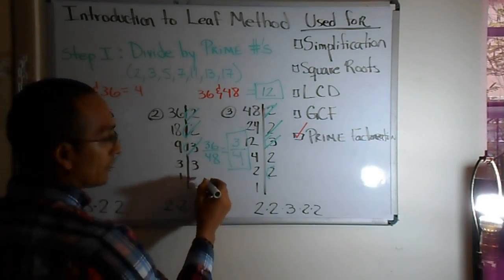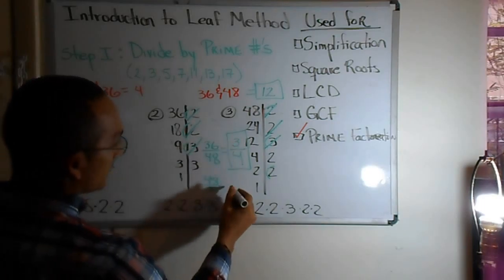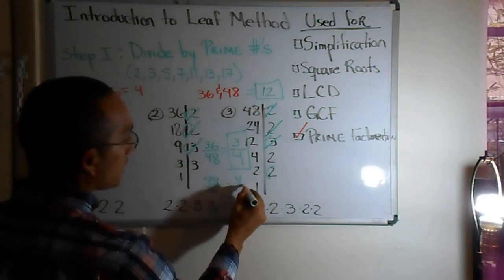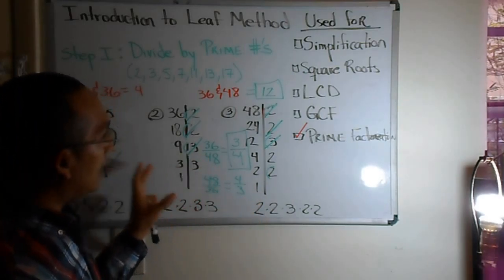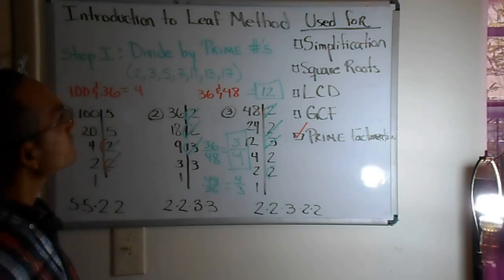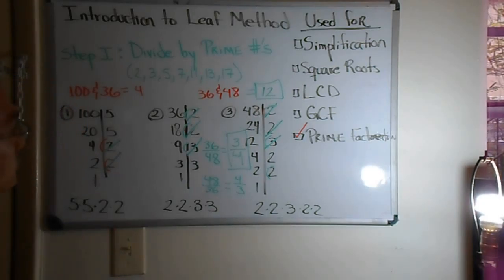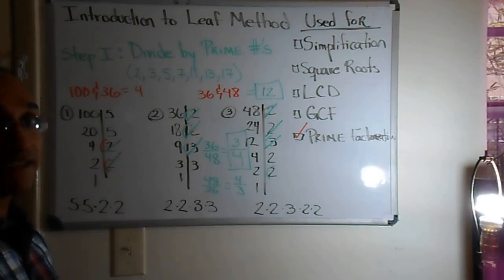And then if they were to ask you what 48 over 36 is, since you already know what this is, 48 becomes a 4 and 36 becomes a 3. So either way, you know how to simplify things to lowest terms using the leaf method. Next time, we're going to talk about the least common denominator, square roots, and simplification.